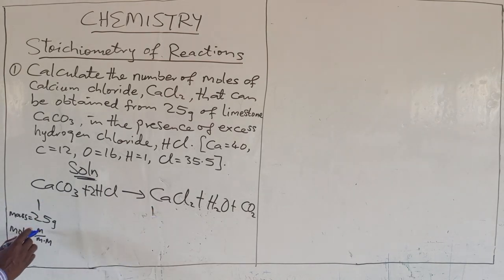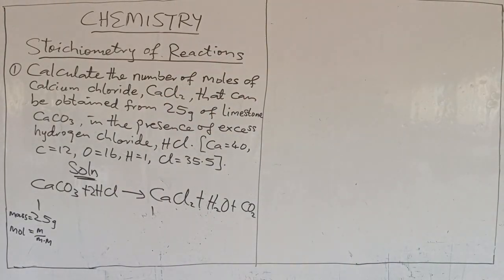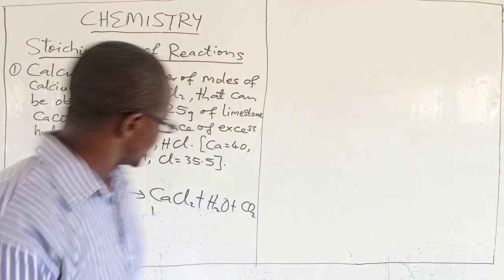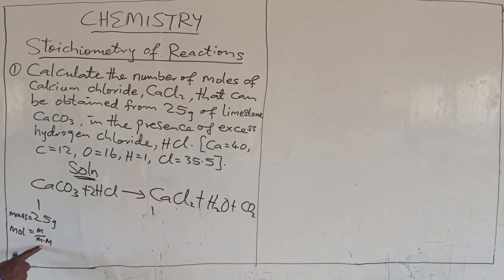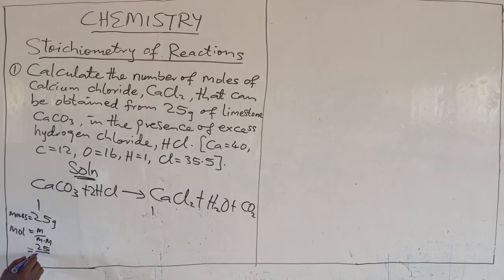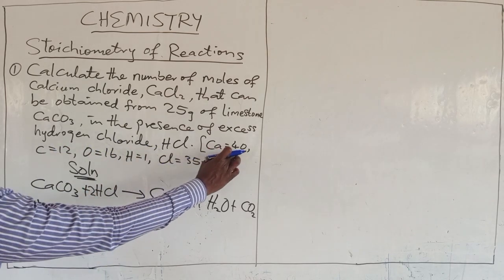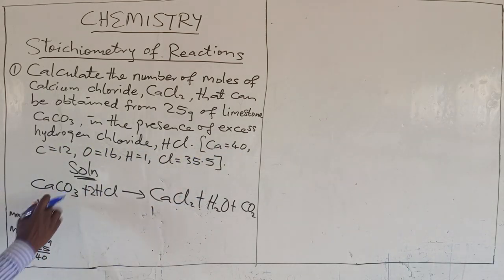So now mass is what? 25. So let's calculate the molar mass of this, so that I can substitute in this place. This is 25 all over the molar mass of this. They said here calcium is 40, plus carbon.